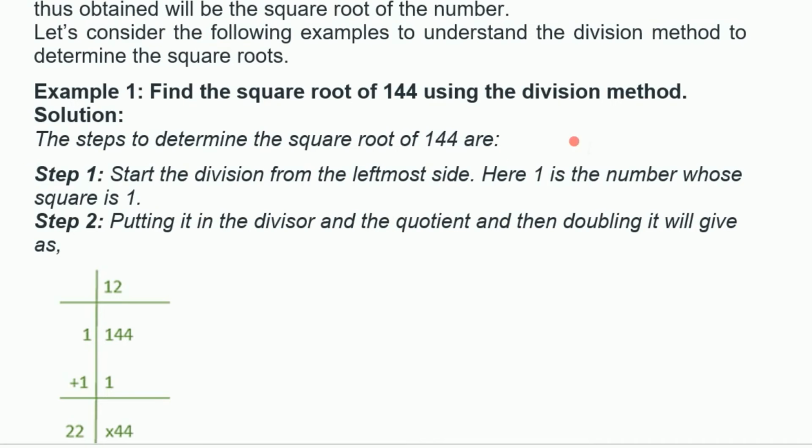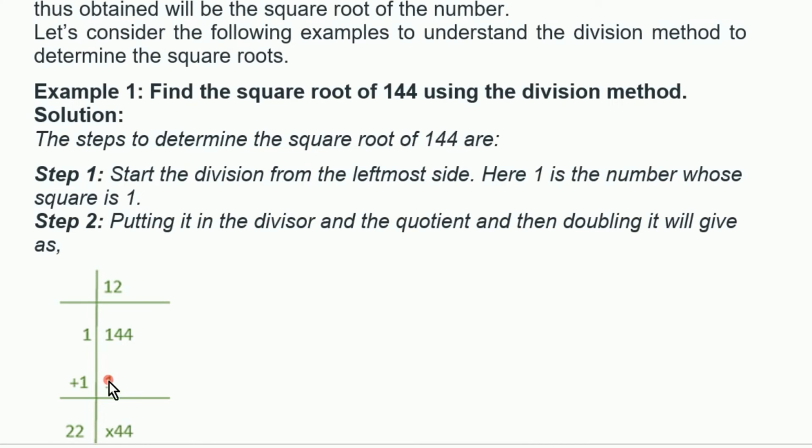Find the square root of 144 using the division method. In this method, start the division from the leftmost side. Here 1 is the number whose square is 1. So 1 one is 1, and 1 minus 1 is 0.